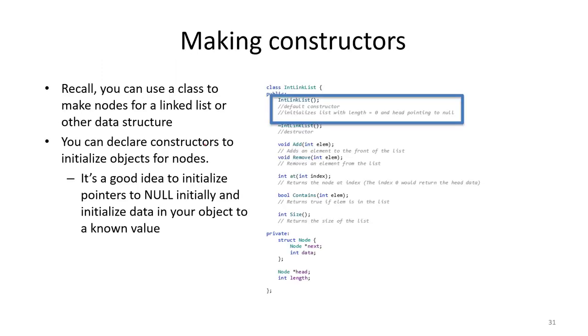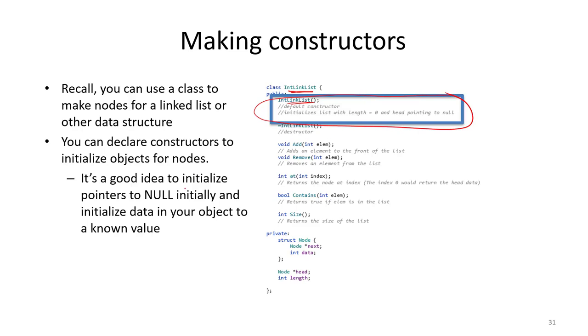First item for today is constructors. You'll remember when we covered classes that you can create constructors as member functions to help initialize our objects. In this example, if I want to create an int linked list class and have a default constructor for that class, then I can declare this default constructor to initialize an int linked list object.